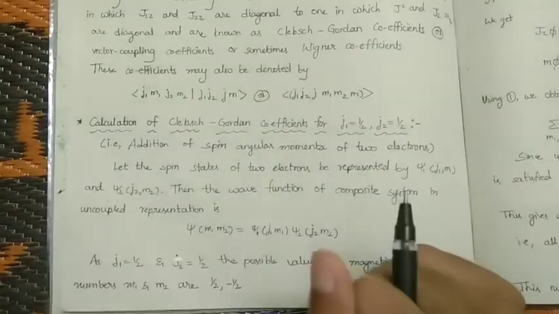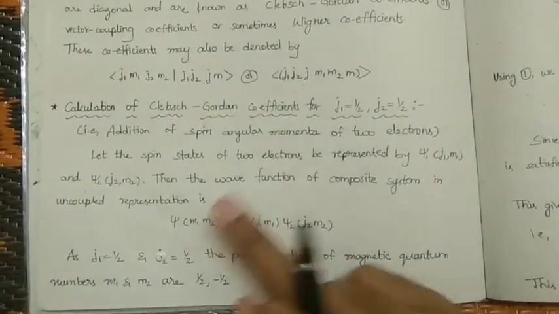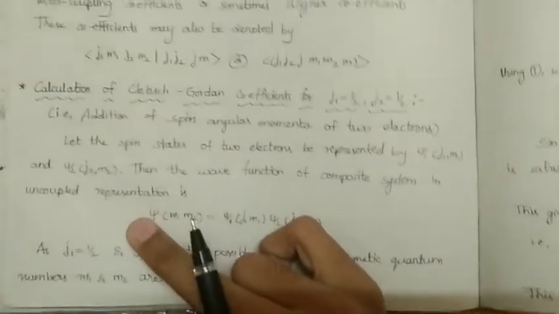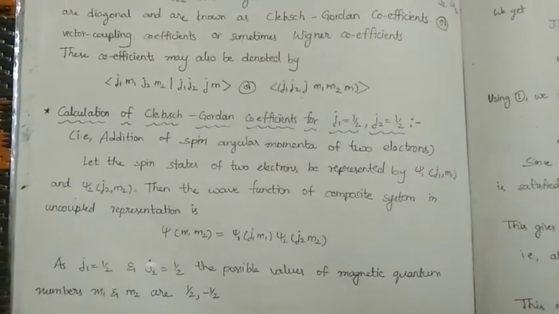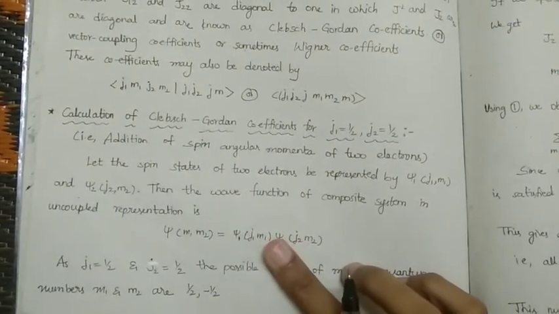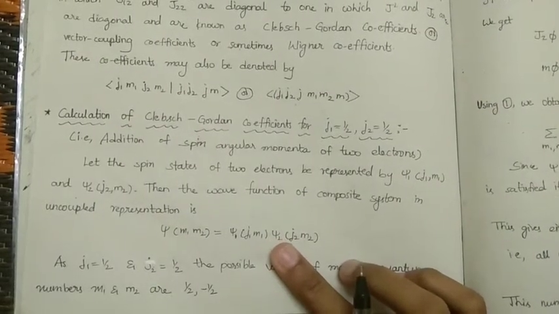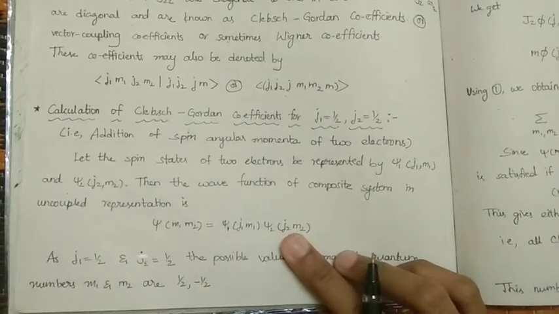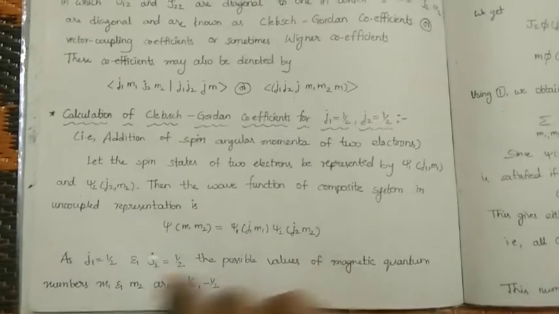So xi of m1 comma m2 in uncoupled representation, where we are not coupling the angular momenta of the electrons, equals xi1 of j1 comma m1 into xi2 of j2 comma m2. This is the combined wave function of the two electrons.